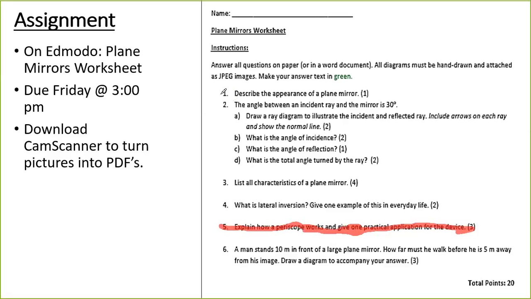So I want you to do number 1, number 2, number 3, number 4, and number 6, I'm going to give you as a bonus, okay? That's a bit of a challenge, but let's see how many of you are going to get it. So number 6 is a bonus, okay?